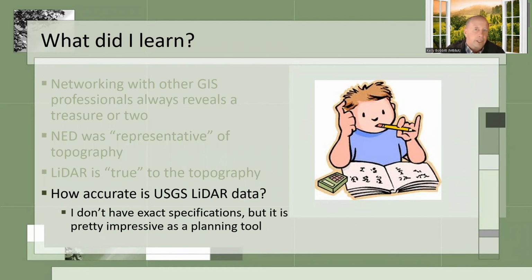This is not engineering, so we're not at the level where we need that. This is purely for planning agricultural usage. And it really has changed significantly how accurate our data is and how accurate our decision-making is.